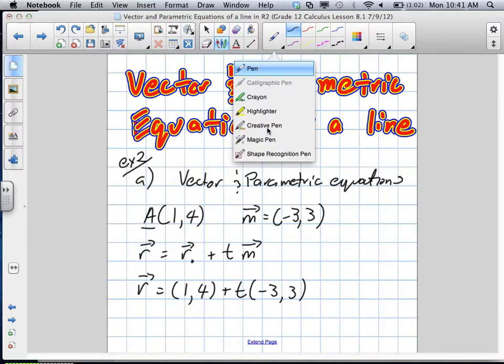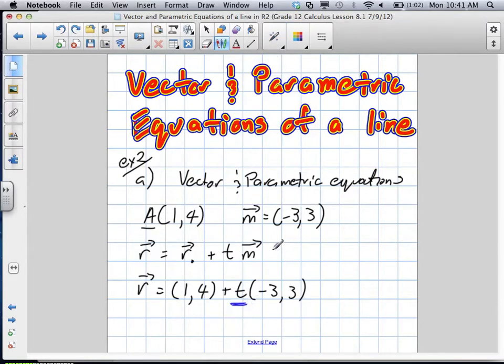Now what this parameter or scalar means is that no matter what I multiply our two component parts by, we're still going to end up in the same direction. We're just going to have maybe a different magnitude or different points along that line. So any value of t will give us a point along this line, and there are infinite values of t, which will give us points all along this line.